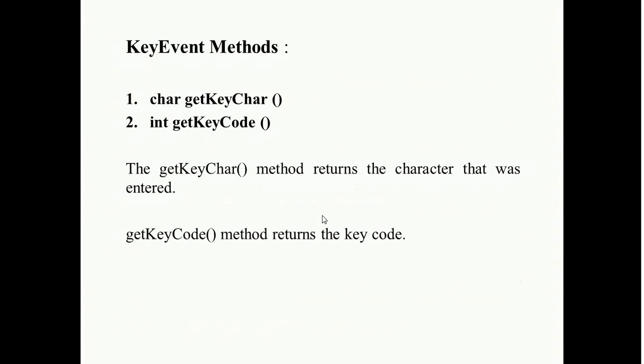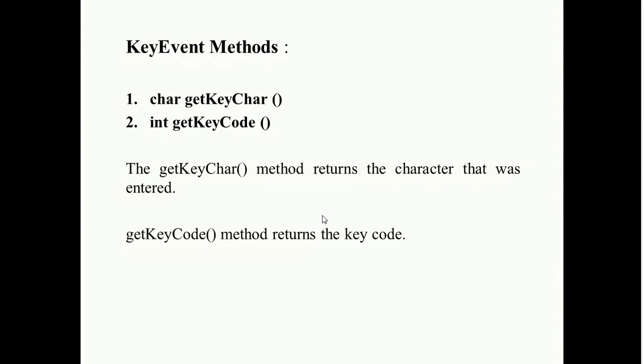Next, see the methods of the key event class. There are two methods of the key event class. First method is getKeyChar and second method is getKeyCode. See the first method, char getKeyChar. This method returns the character when a key is pressed. Means the getKeyChar method returns the character that was entered.